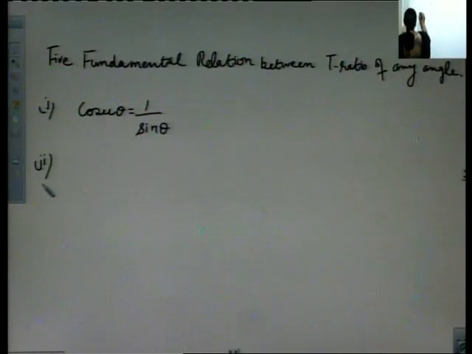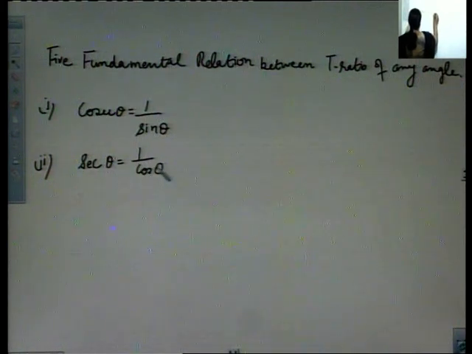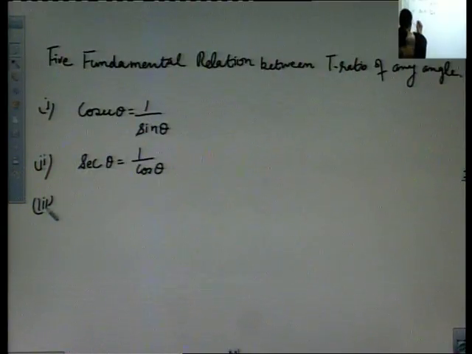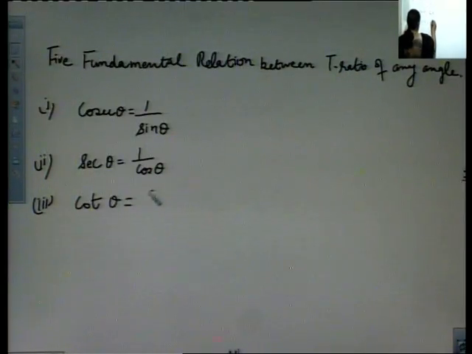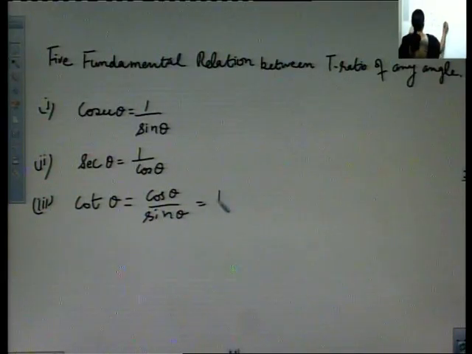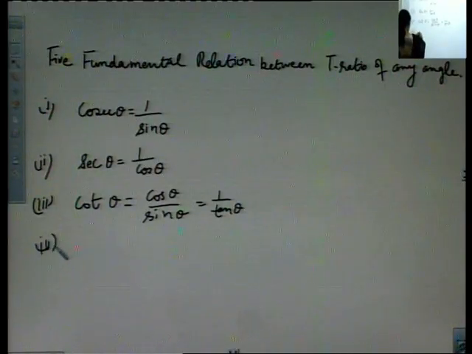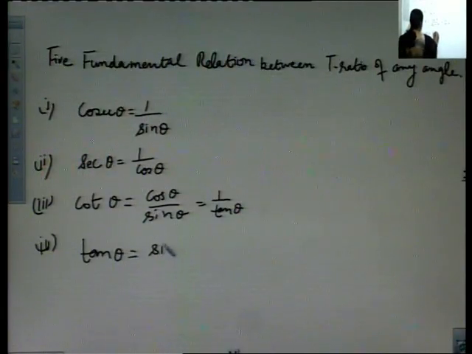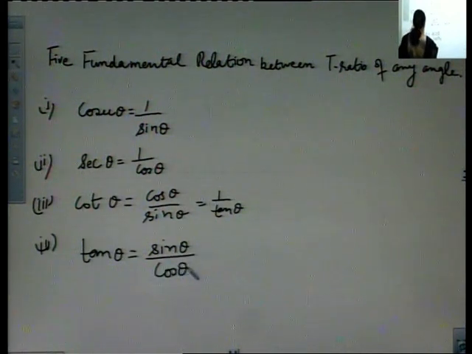Number 2, secant theta is equal to 1 upon cos theta. Number 3, cot theta is equal to cos theta upon sin theta, or 1 upon tan theta. Number 4, tan theta is equal to sin theta upon cos theta.